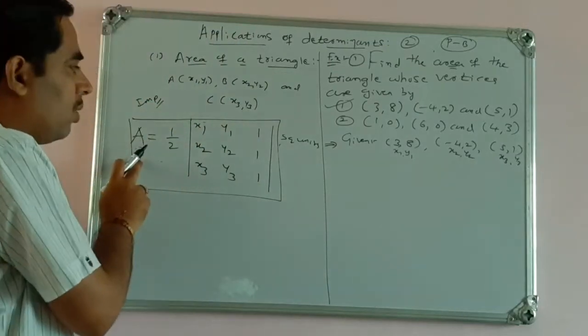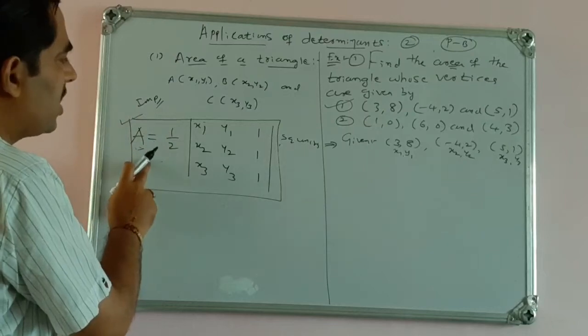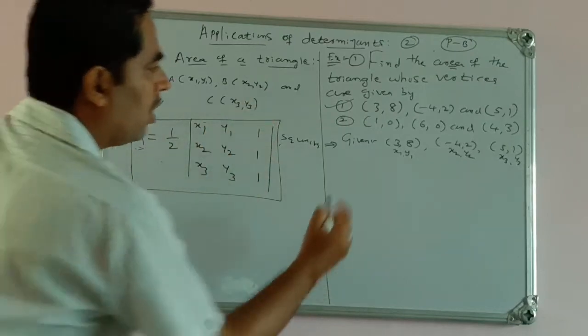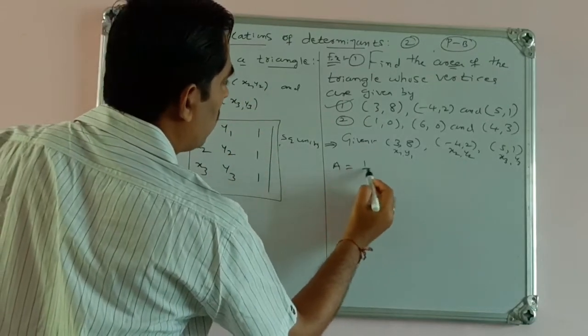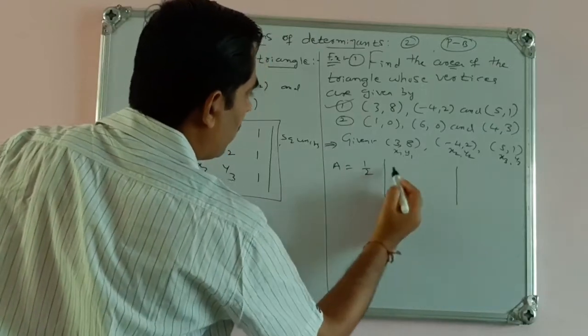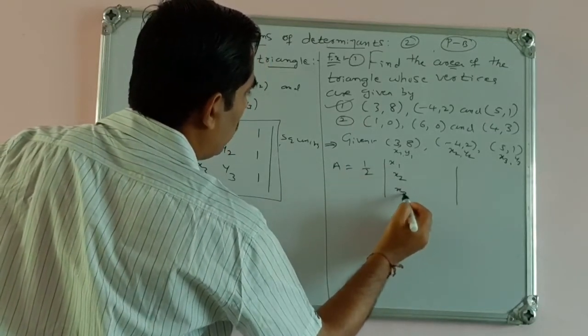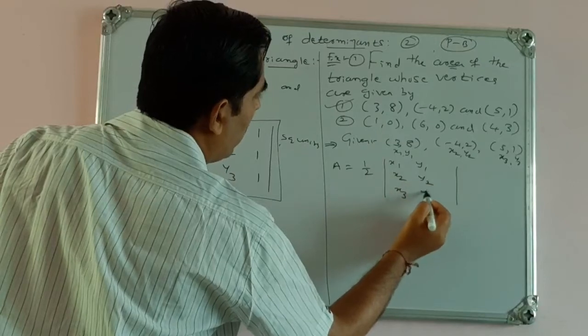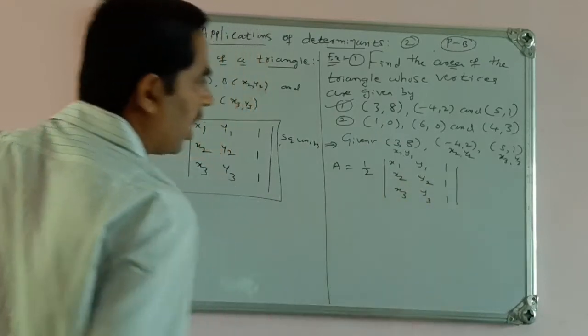Area is equal to half times this. So I will write: area is equal to half mod of the determinant with x1, x2, x3, then y1, y2, y3, and the last column 1, 1, 1.